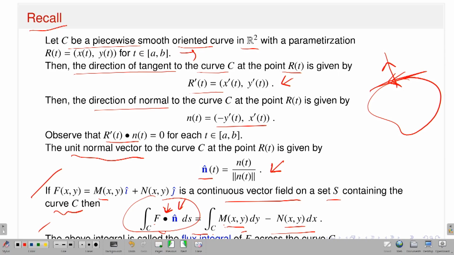There I discussed that you have two components, tangential component and normal component. So, this is the normal component, the scalar line integral of the function F dot n cap, which is exactly equal to the integral of M dy minus N dx over my curve C, which is sitting inside my S, if capital F is a C1 vector field. Once I have that, the above integral is called the flux integral of F across the curve C.